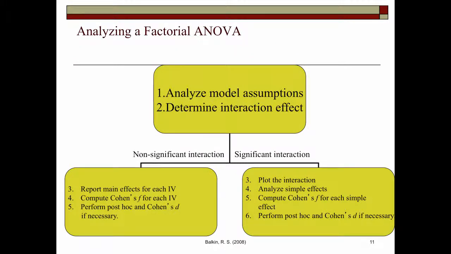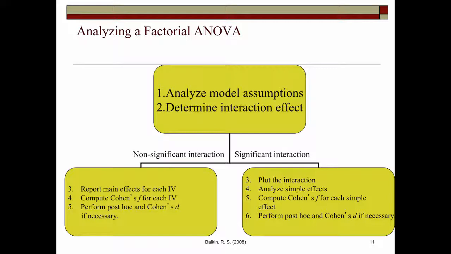When we do a factorial ANOVA, we're going to start off the same way we did with one-way ANOVA. We're going to analyze model assumptions, but then we have to determine if there's an interaction effect. Depending on whether there's an interaction effect, for a non-significant interaction, we look at main effects, and then we compute our effect size for our main effects, and then we do our post hoc analyses if necessary, and always continue to look at effect size.